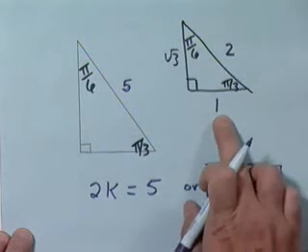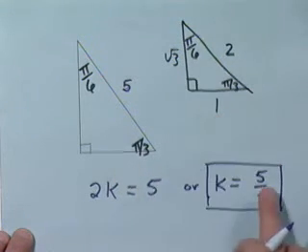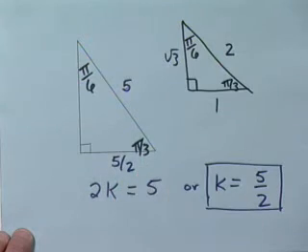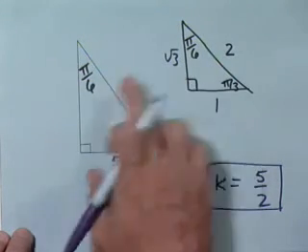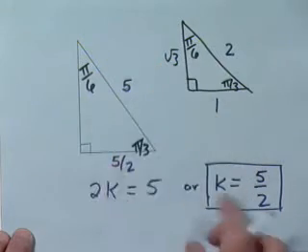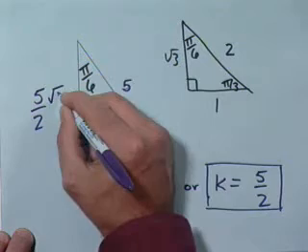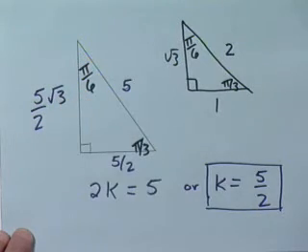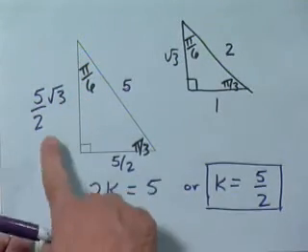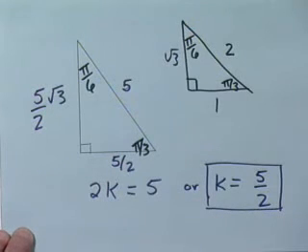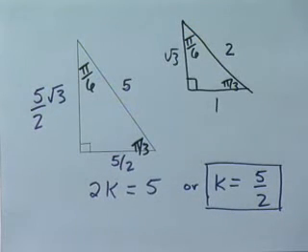If this side is 1, this side is going to be 1 times K, or 5/2. If this side is square root of 3, this side is going to be the square root of 3 times K, which is 5/2 times the square root of 3. Now, if we were to do the Pythagorean theorem, you could easily show that a squared plus b squared equals c squared. And you might want to check that out just to make sure.